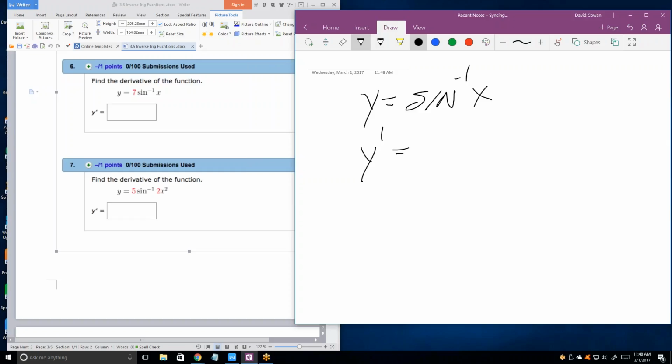Y prime is 1 over something, and 1 over the root of 1 minus x squared. Good. Try to memorize that. So now if I said to you, well, now I have inverse cosine of x, what is y prime going to be?